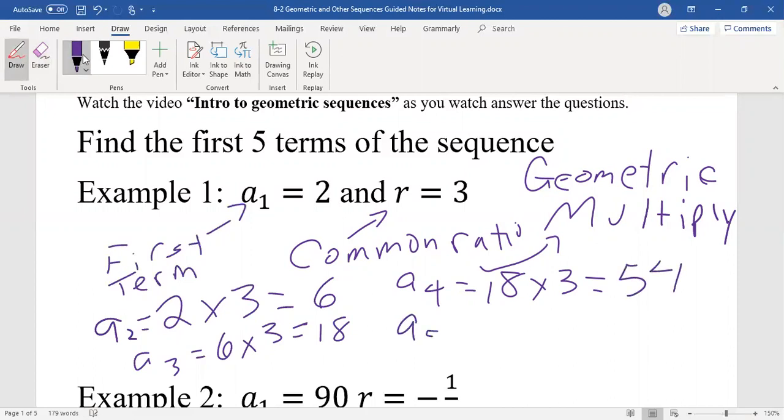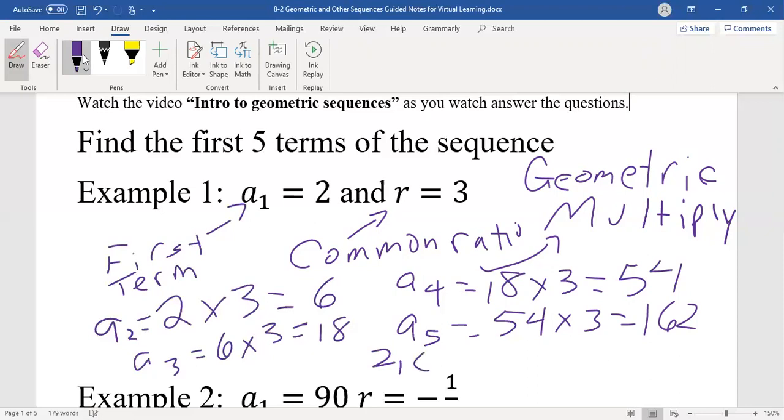And then A5 would be 54 times 3, which would be 162. And here are the first 5 terms of your sequence.